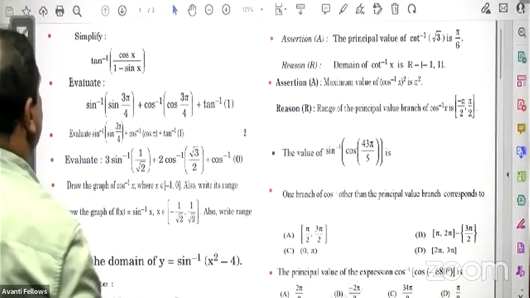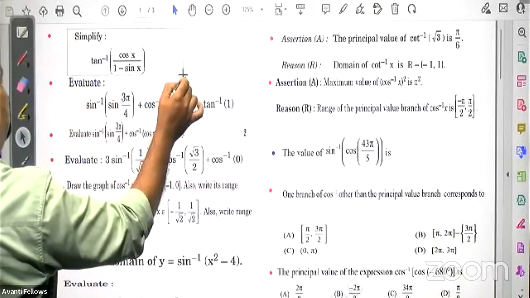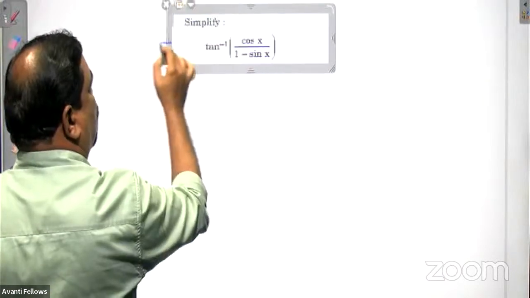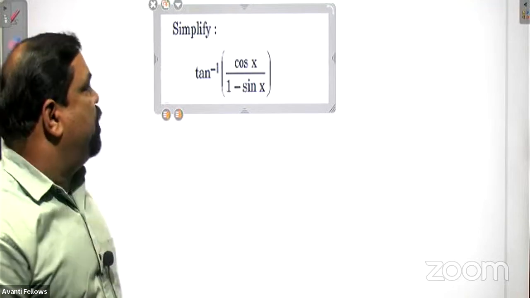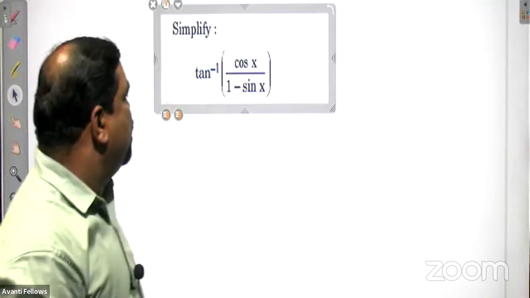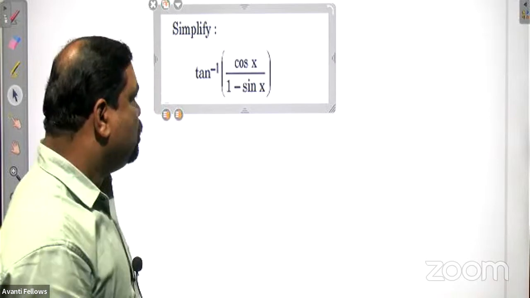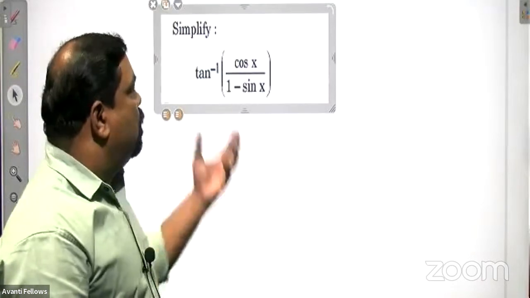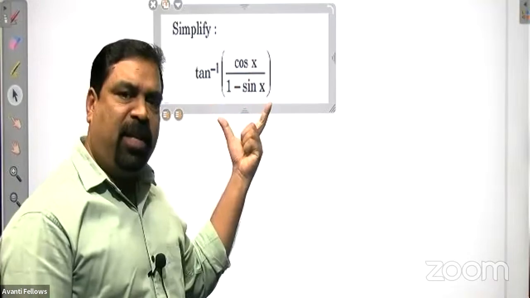Okay, so let me take this question on inverse trigonometric functions. Simplify tan inverse of cos x by 1 minus sin x. Inside this bracket, cos x by 1 minus sin x is there.